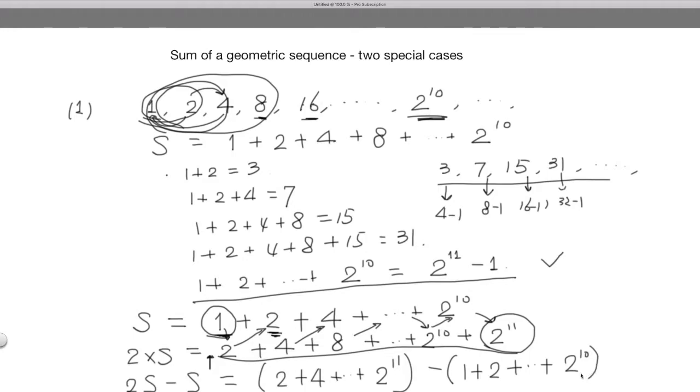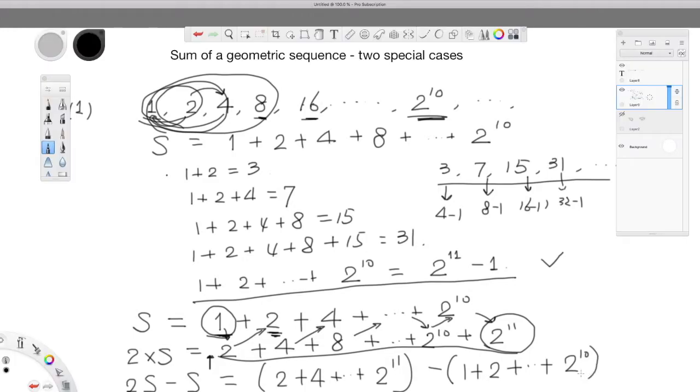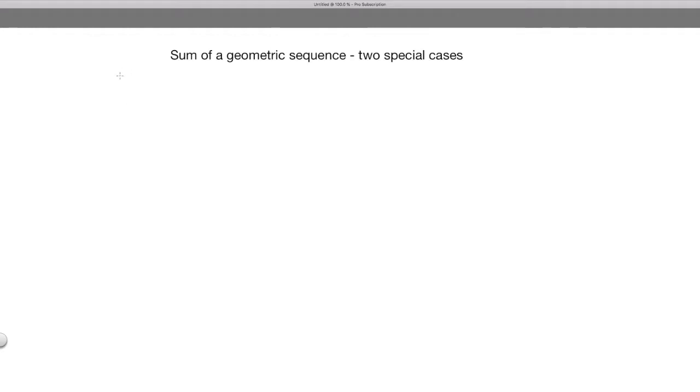Okay, let's move on to the next page. So let's go back a little bit. We write down S equals 1 plus 2 plus 4 plus all the way to 2 to the power 10.